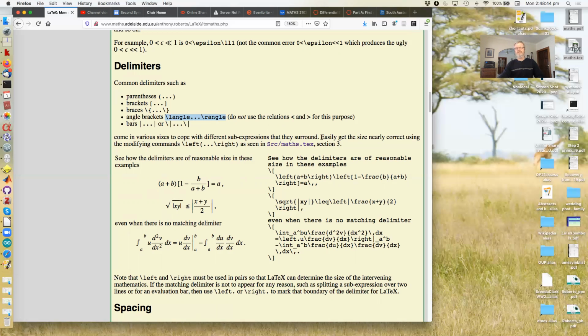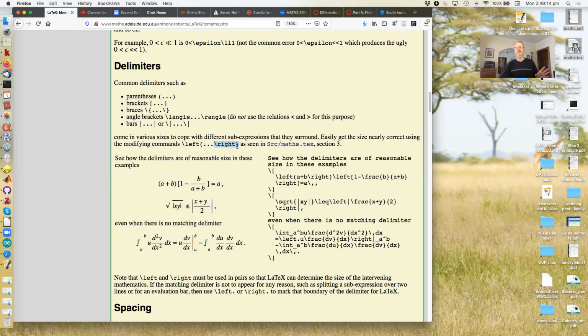There are several ways to get various sizes. The simplest way to get the size nearly correct is to use the modifying commands \left and \right. So you go \left and a delimiter, and then LaTeX searches through looking for its matching \right and some delimiter.